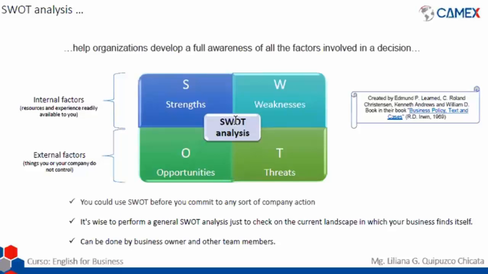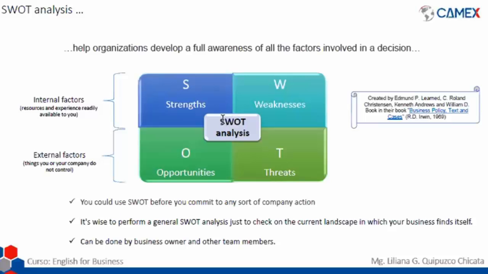Remember that the SWOT analysis was created in 1969 in a book, Business Policy, Texts and Cases, by Edmund Rowland, and other authors. Okay, so in this case, we were talking about the SWOT analysis and what it means.